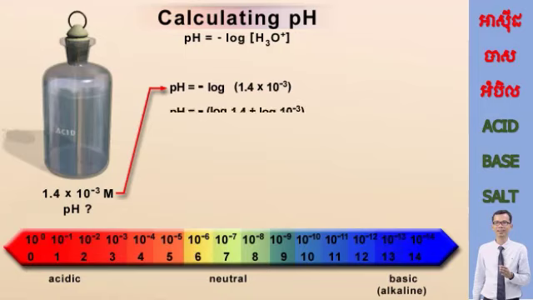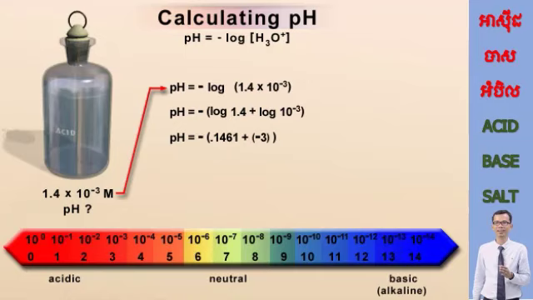Simply add the log of the coefficient, which is 1.4, to the log of 10 to the negative 3rd. The value of the log of 1.4 is 0.1461. And of course, the log of 10 to the negative 3rd is negative 3.